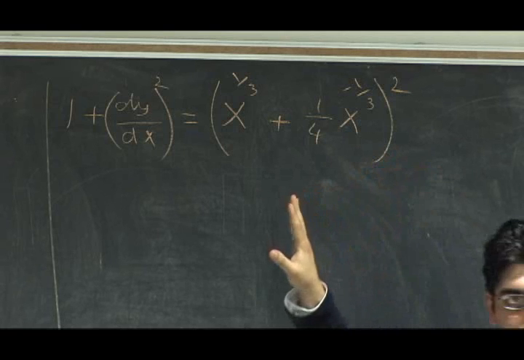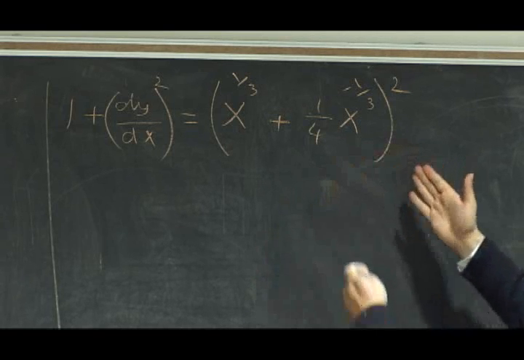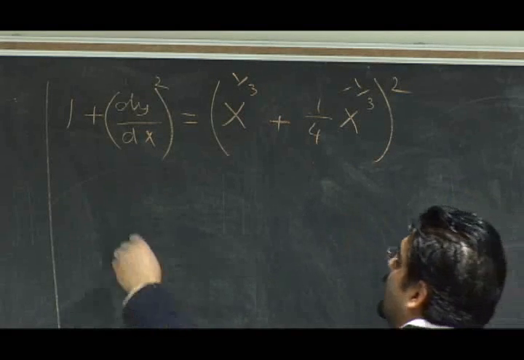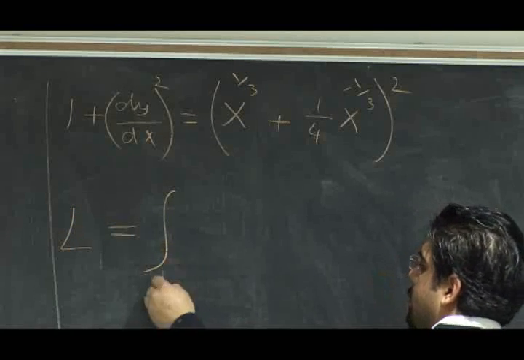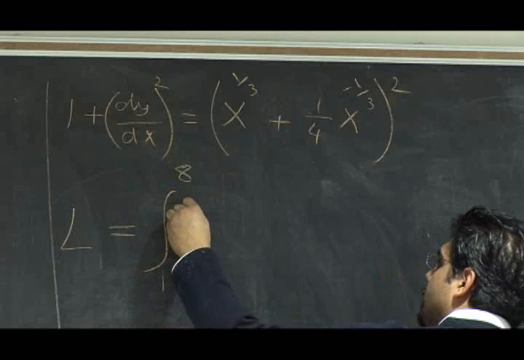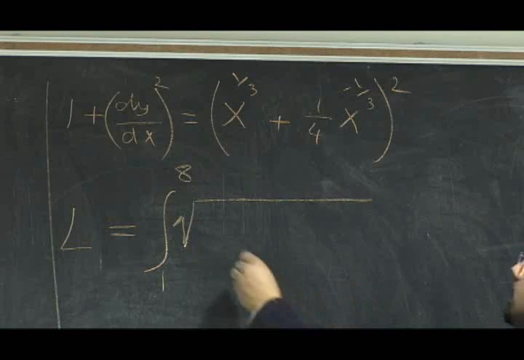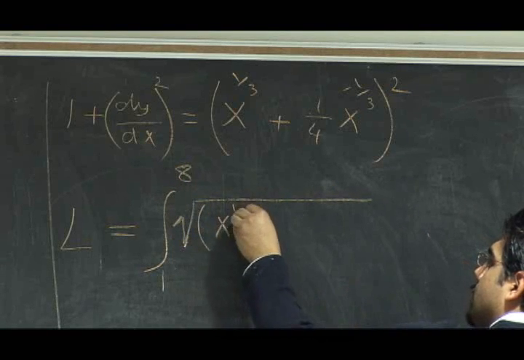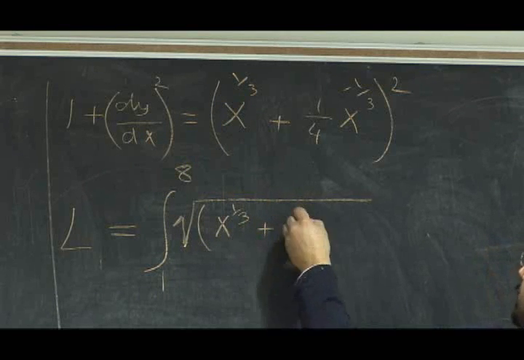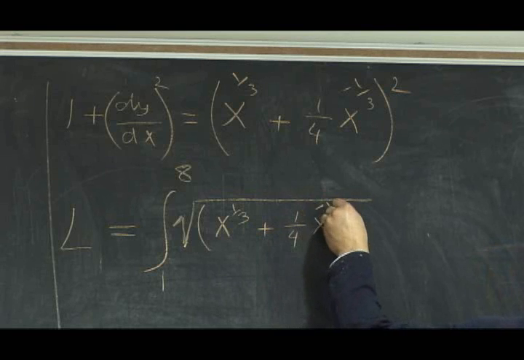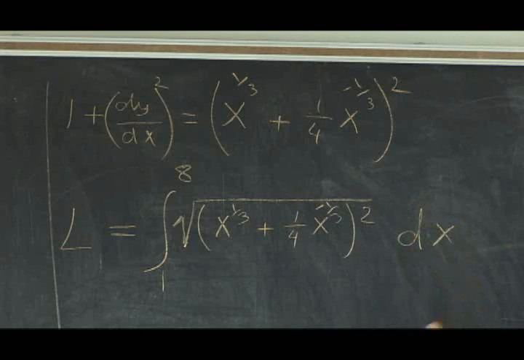And this is beautiful because if I put this in the square root, then we're golden. L is the integral from 1 to 8 of the square root of 1 plus (dy/dx) squared, which is x to the 1/3 plus 1/4 x to the minus 1/3, squared, dx.